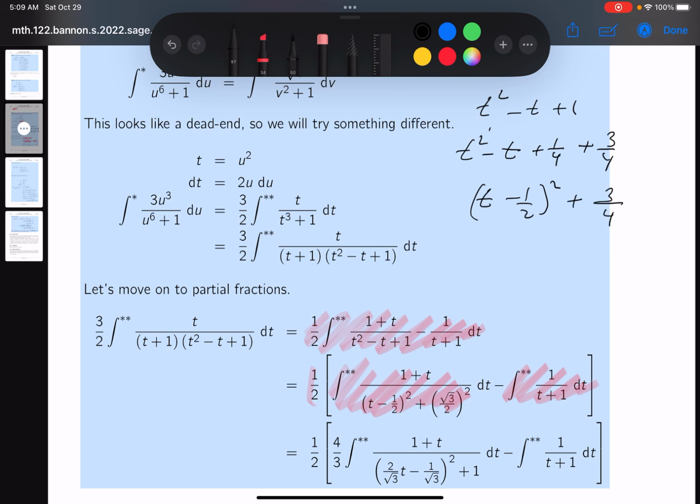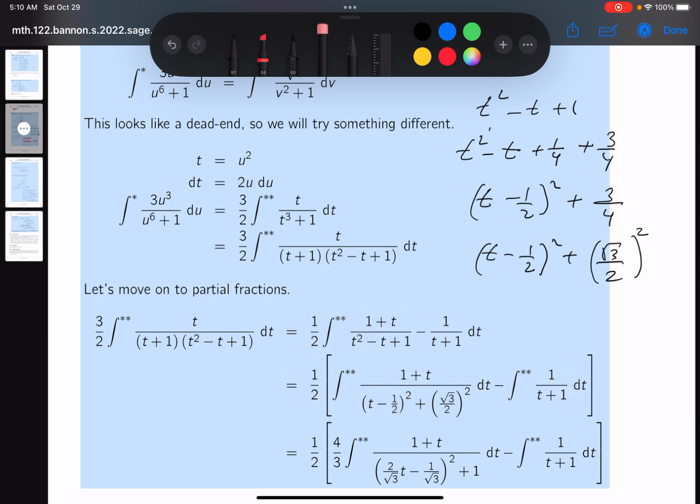And we have a particular way we like to rewrite those guys, and I'll just do that. And that's going to be t minus 1/2 squared plus the root of 3 over 2 squared. That gives you 3/4, by the way. And then I'd factor it out. Let me get my eraser out again. And I'm going to factor out, because I want that to be a 1.